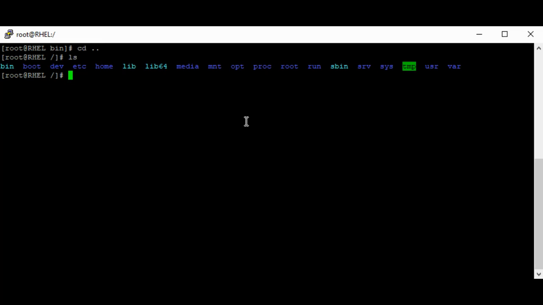For the bin directory, we have programs like ls, cat, and cp, which we've seen, and these can be used by any other users residing on a Linux operating system.